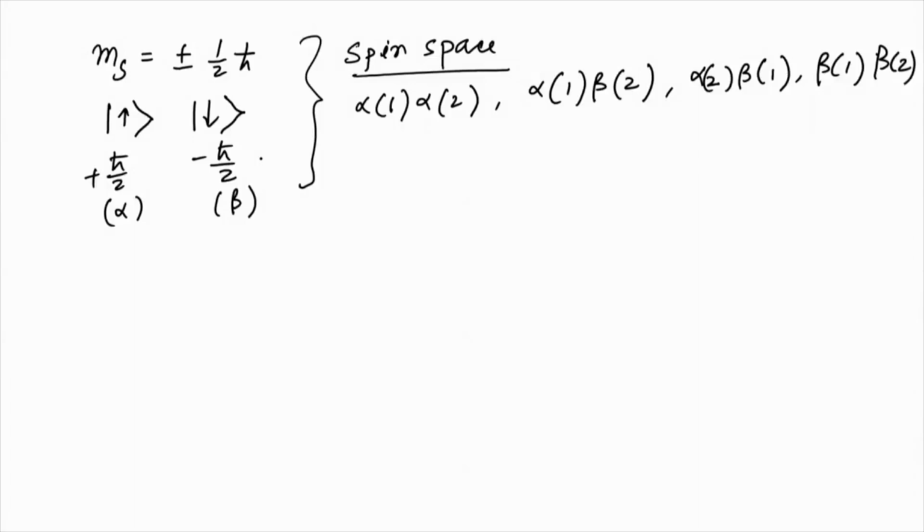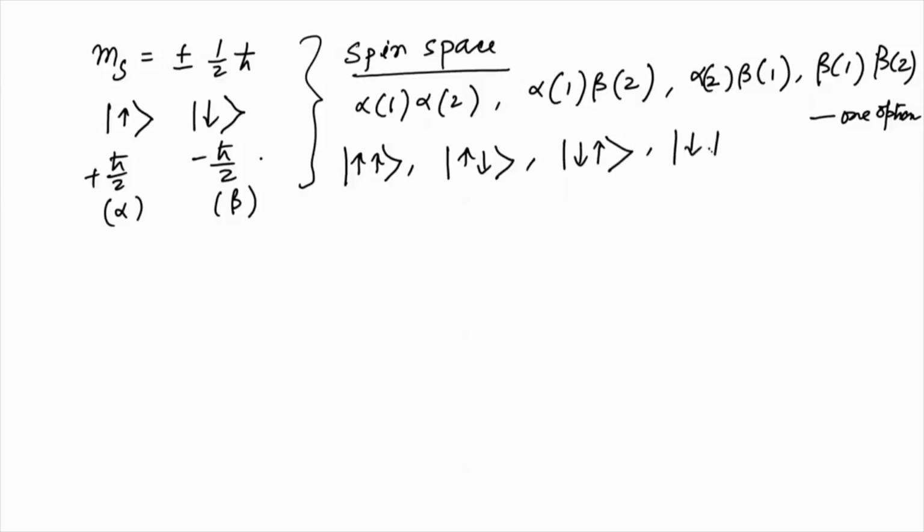This is one option. The other option is that we can write the states as up up, up down, down up, and down down.